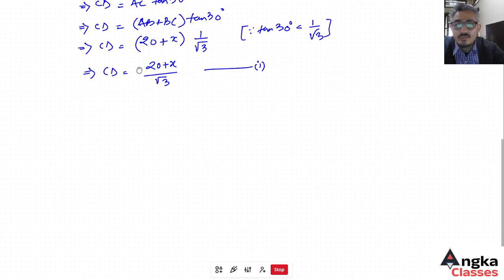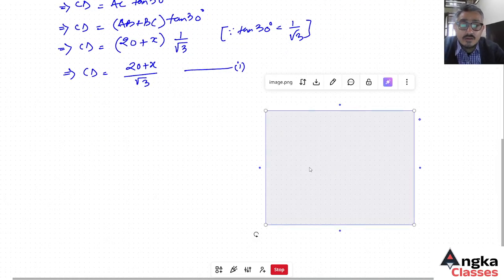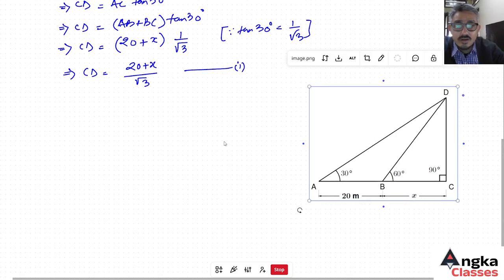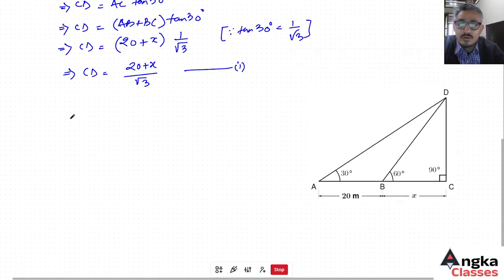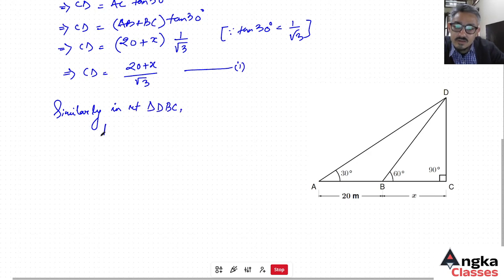Similarly, in right triangle DBC, tan of 60 degrees is equal to DC by BC.